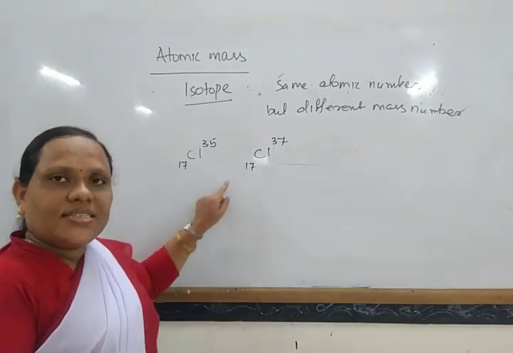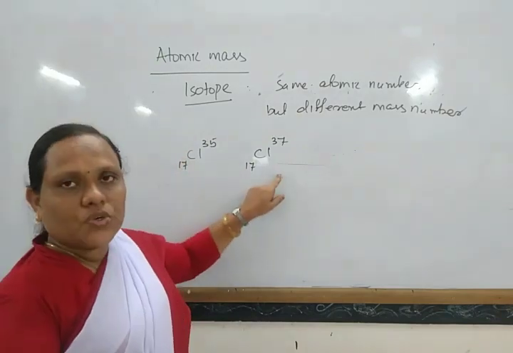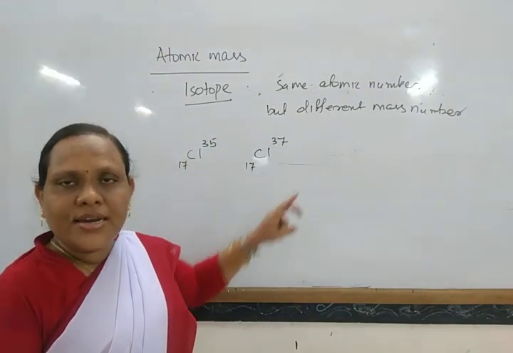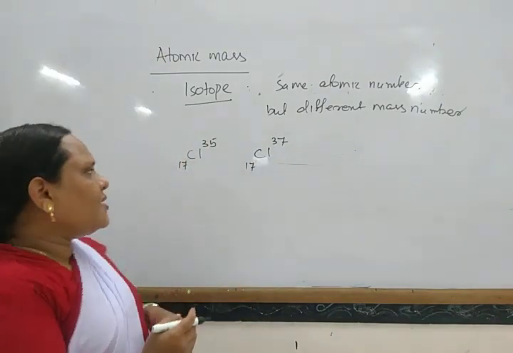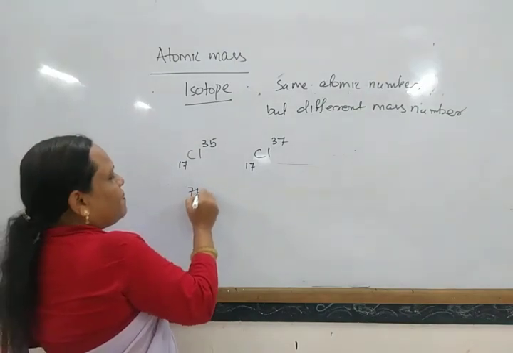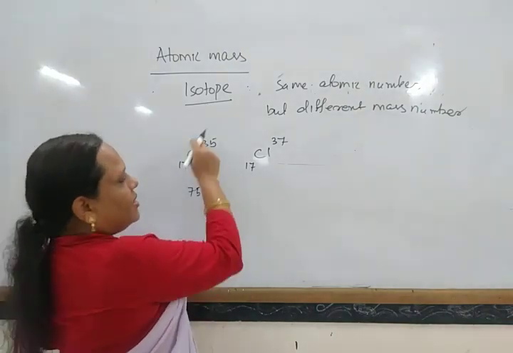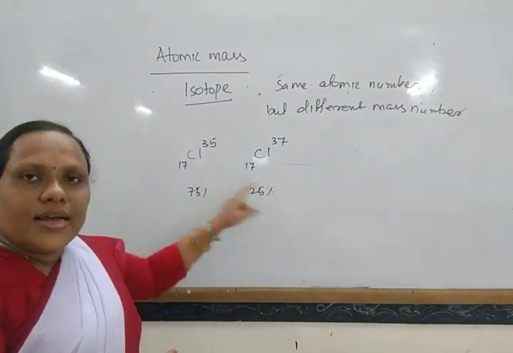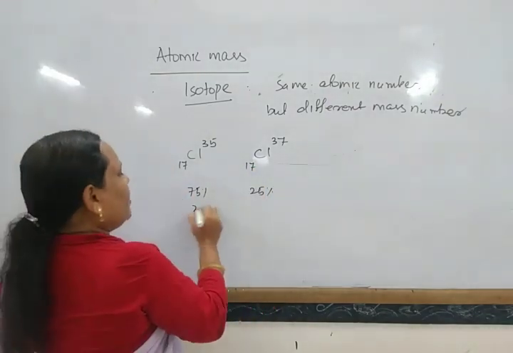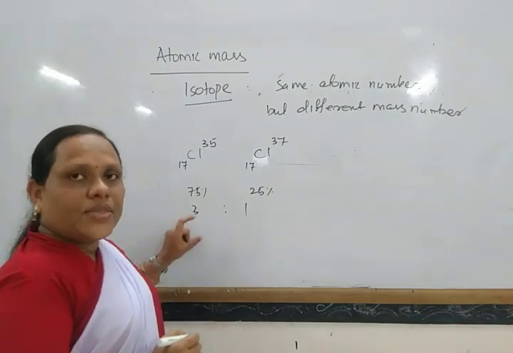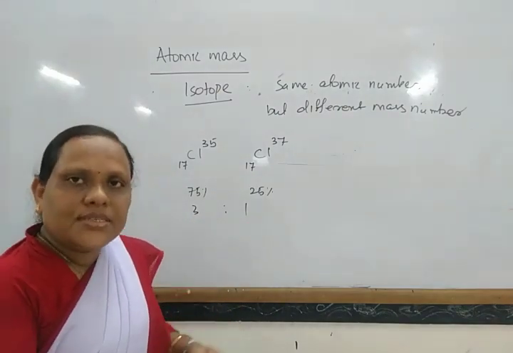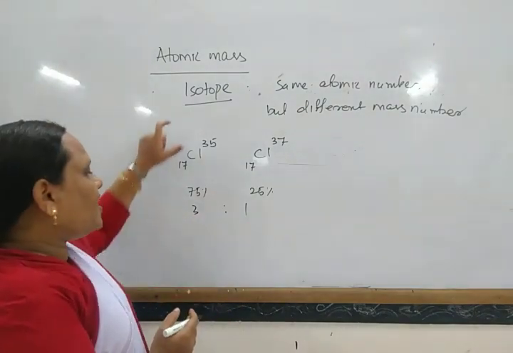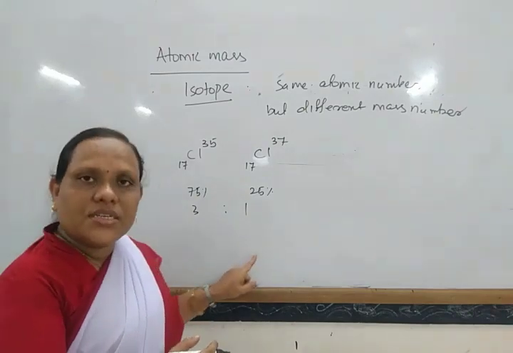So chlorine has 2 isotopes, 35 and 37. In a sample, generally we get 75% of chlorine 35 and 25% of the other, or the ratio is 3:1. This is the ratio of abundance, how much of each is available.